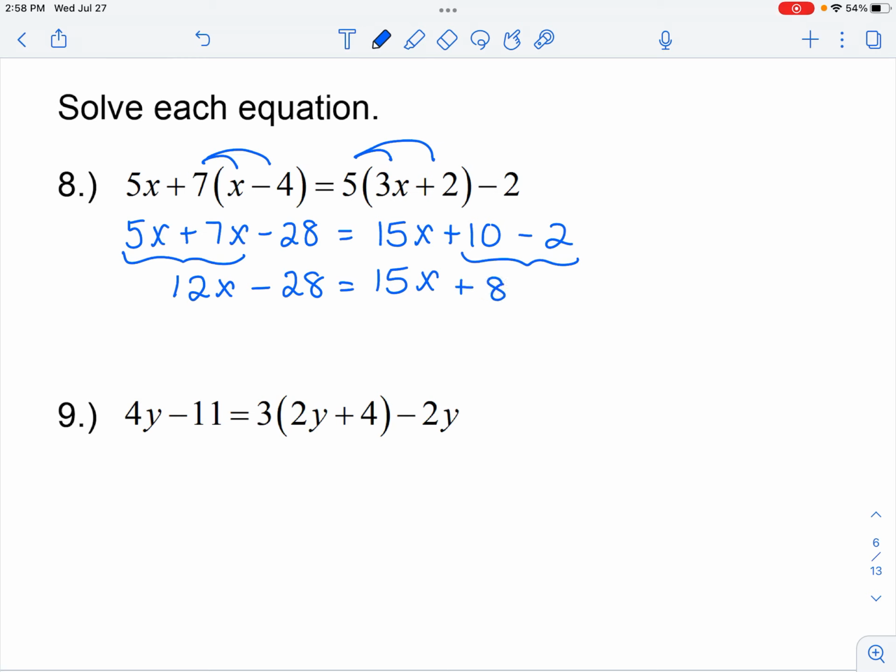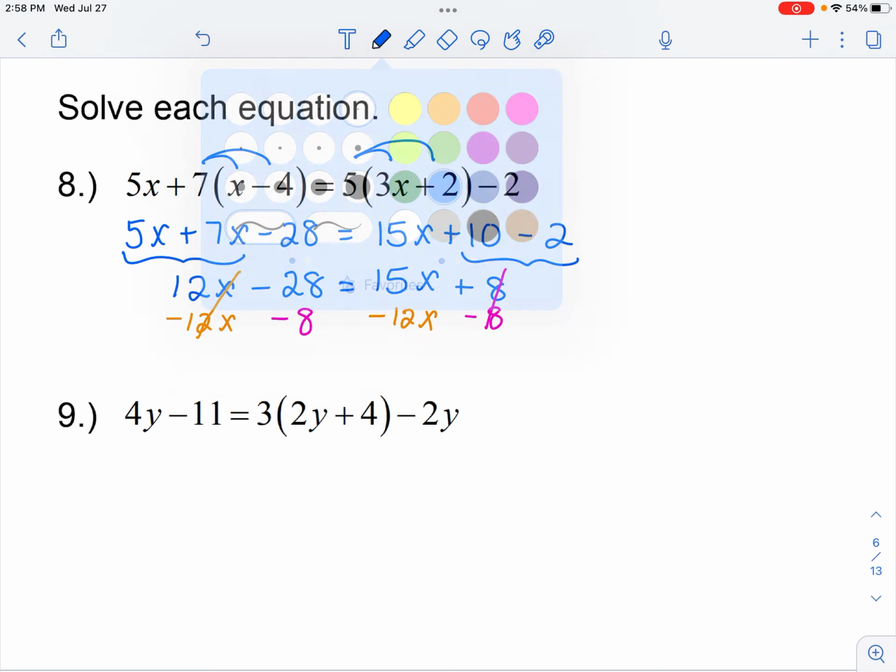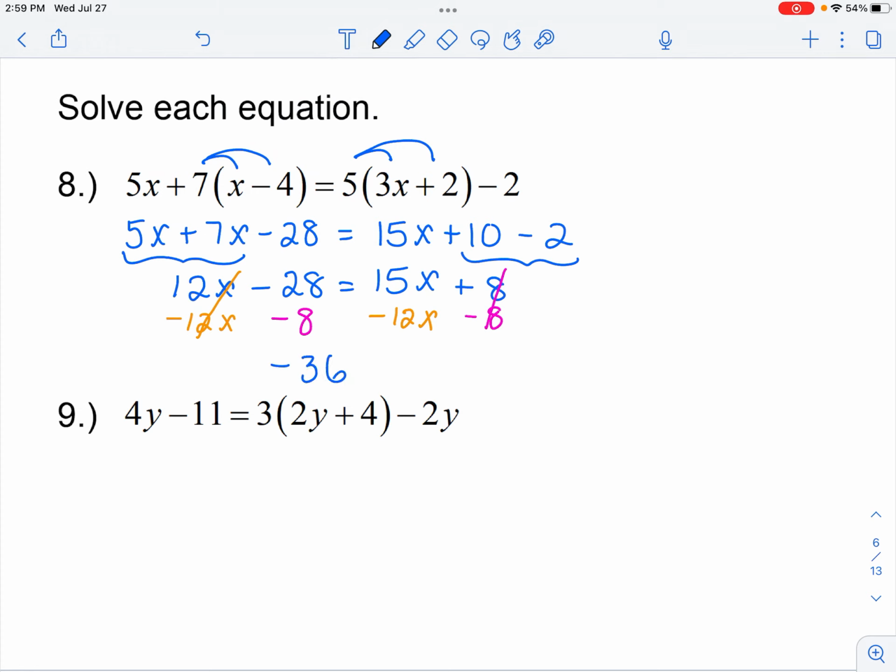I'm going to choose to subtract the 12x over. So I'm going to do minus 12x, minus 12x. So that will be gone. And I'm also going to do minus 8 to get rid of that. So now I'm going to have negative 28 minus 8 is negative 36.